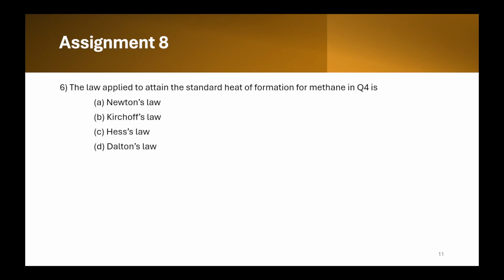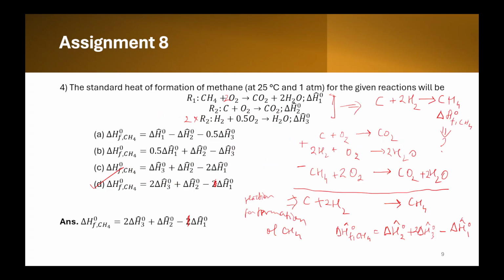Next question. The law applied to attain the standard heat of formation for methane in Q4 is it Newton's law, Kirchhoff's law, Hess's law, or Dalton's law? So here in this question 4, we need to compute CH4 from C plus 2H2. And we knew the heat of combustion, we knew the heat of formation of O2.